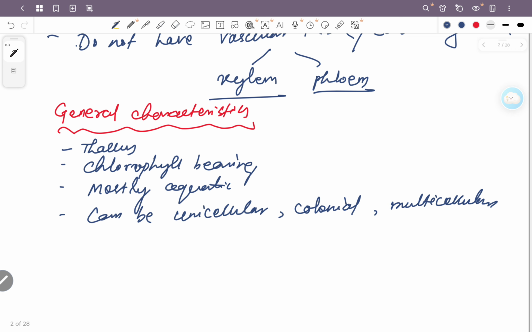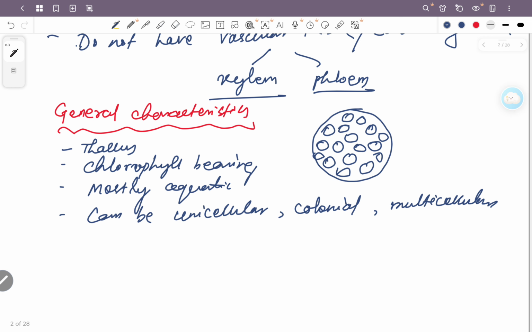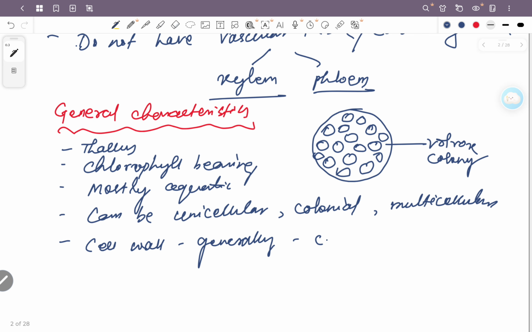Okay, colonial means what? Like in case of Volvox, a group of algae form the colony and they get surrounded by a mucilaginous covering. So this is in case of Volvox colony. Okay, and the cell wall is generally made up of cellulose.